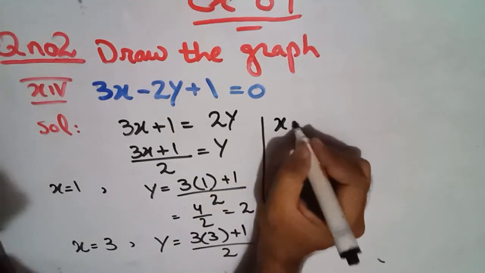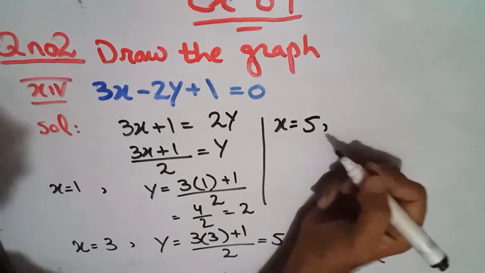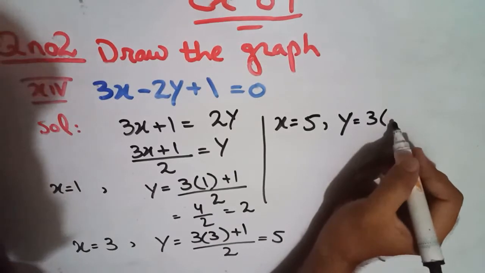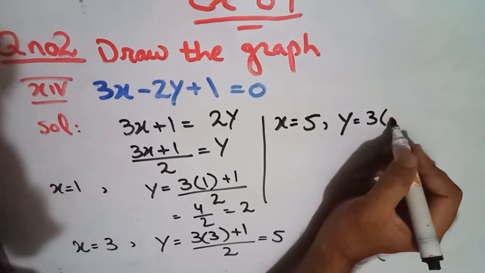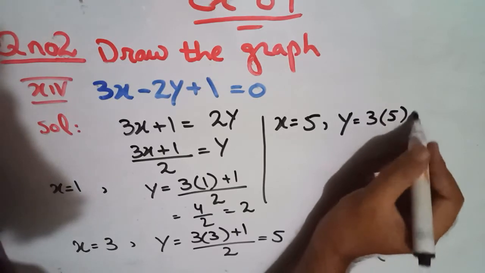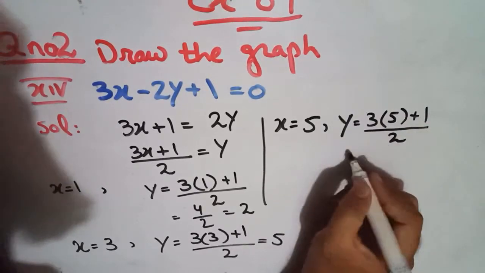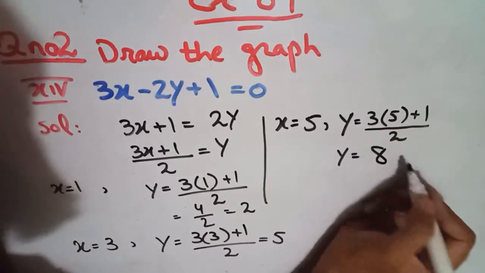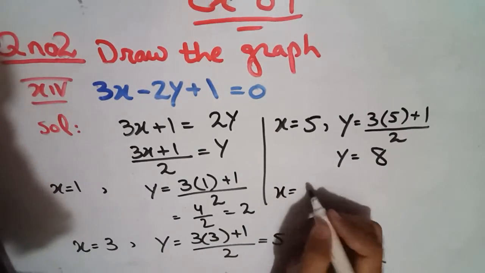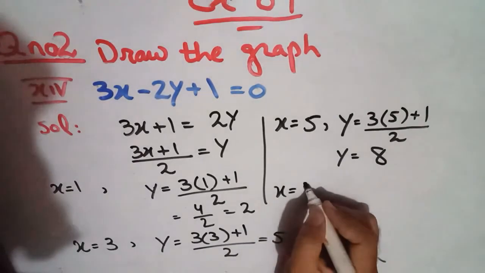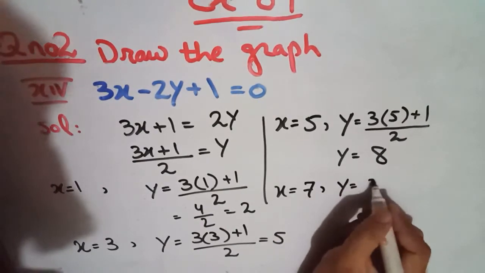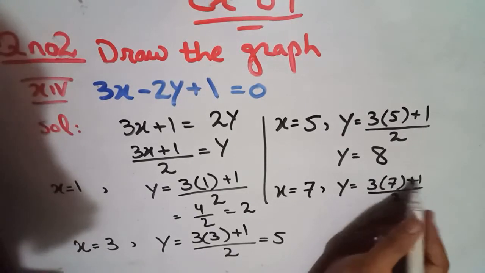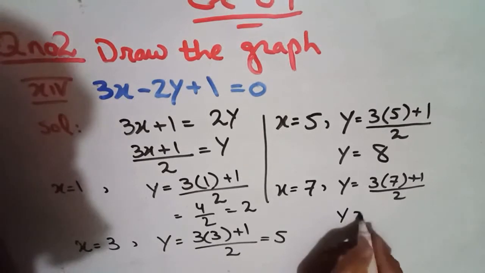Now when x is equal to 5, y is equal to 3 into 5 plus 1 over 2: five threes are 15 and 1, 16 by 2, that will give you y is equal to 8. Similarly, I will take the last value here: if you take x is equal to 7, then y is equal to 3 into 7 plus 1 over 2, 3 sevens are 21 and 1, 22 by 2, that will be y is equal to 11.